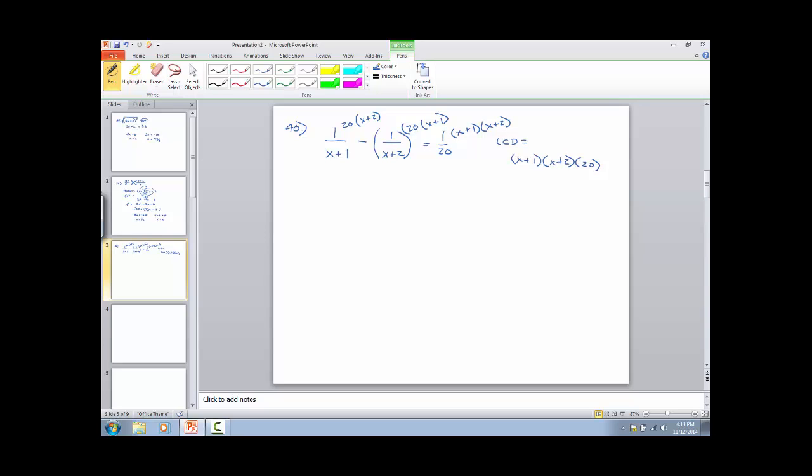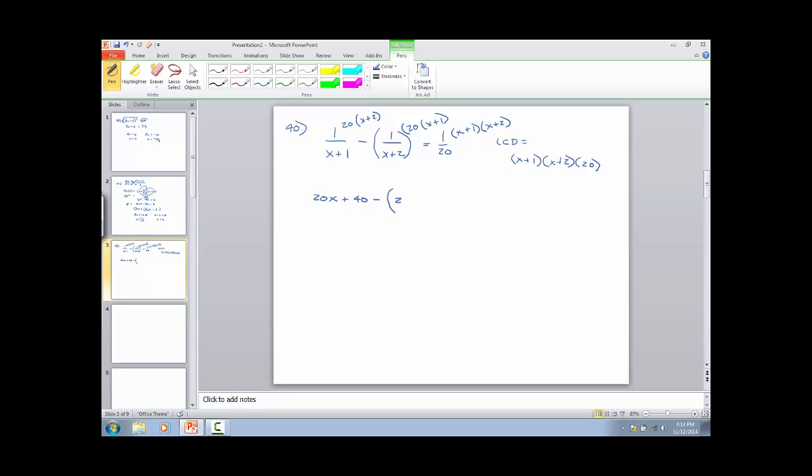Alright, let's see what we're ending up here with. We'll have 20x plus 40, and I'm going to put these big parentheses around here so that I know to carry that or distribute that negative inside.